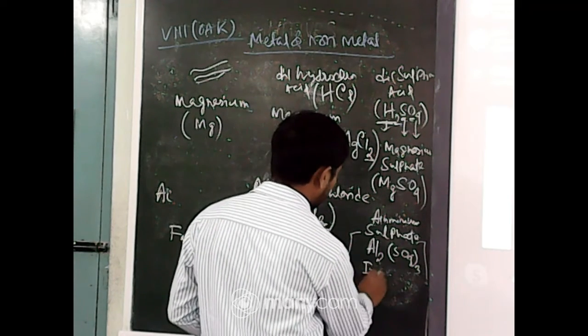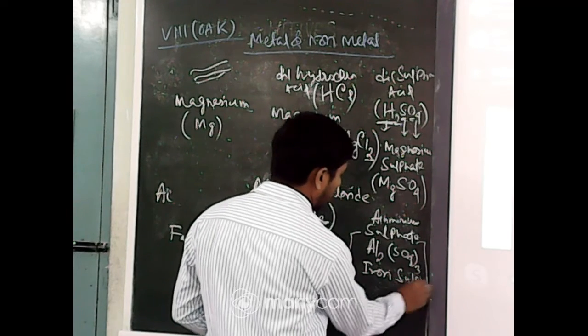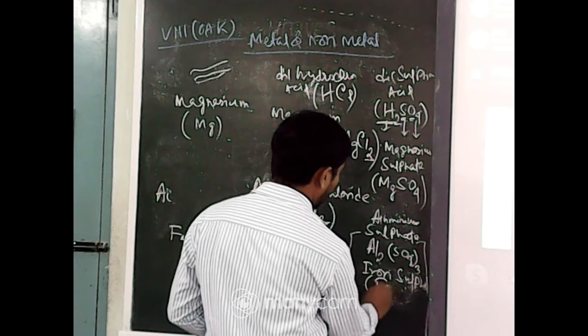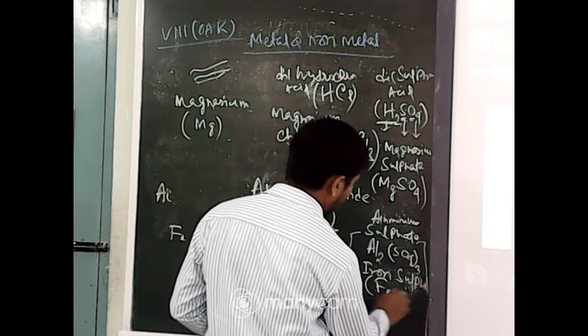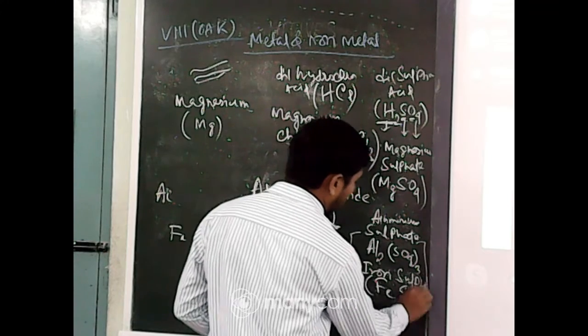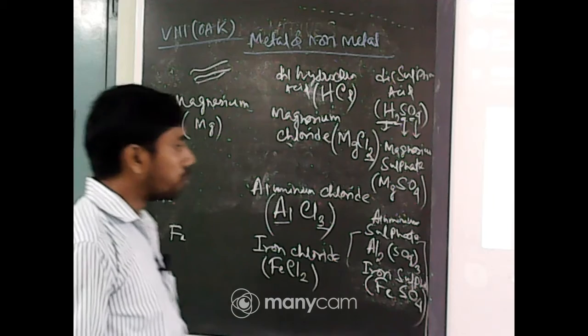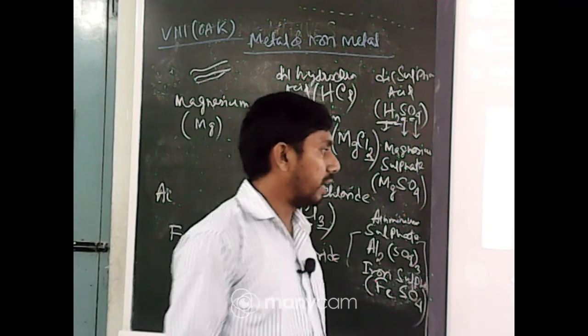Okay, the formula will be capital F, small e, SO4. Now what is SO4? It will be discussed next.